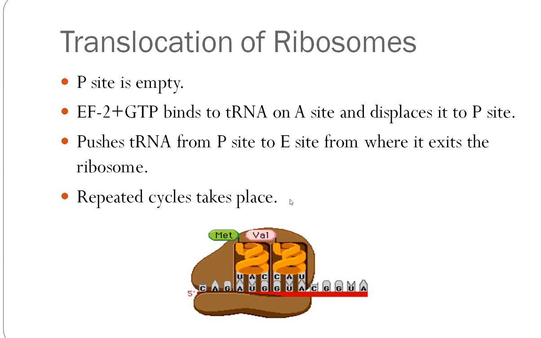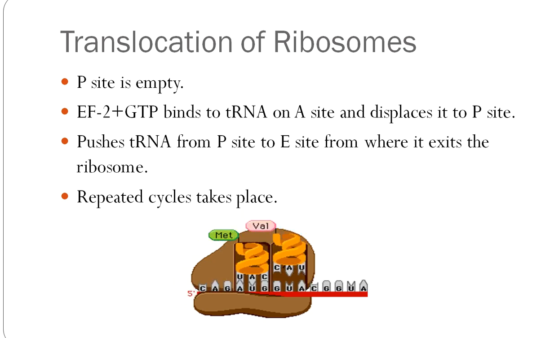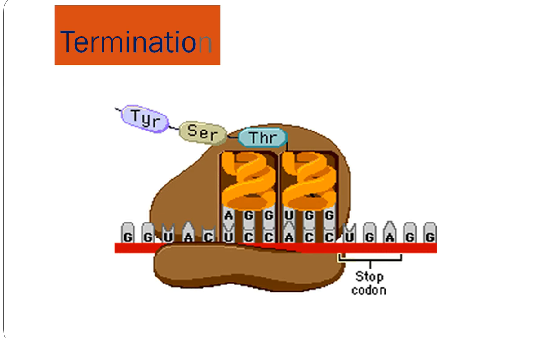So, elongation factor 2, after complexing with GTP, binds to the tRNA on the A site and displaces it to the P site, pushes the tRNA from the P site to the E site, from where it exits the ribosome, and repeated cycles take place. So, peptide bond formation and elongation continue for multiple cycles in polypeptide synthesis.